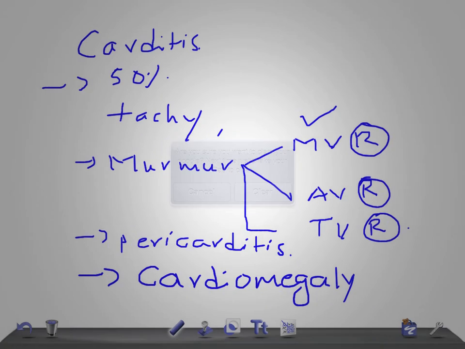So let's move on to another important major criterion, that is chorea. Chorea is not so common, but up to 15% of the patients can have it. Remember, it is very common in prepubertal girls.